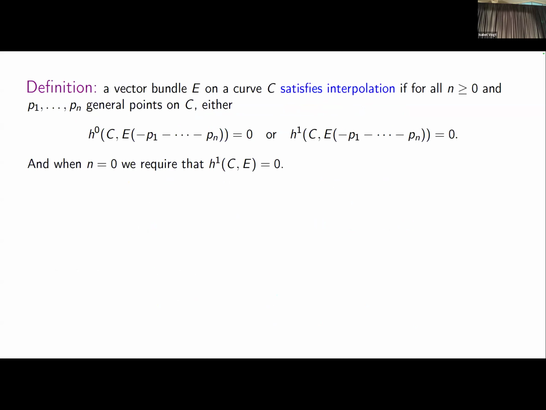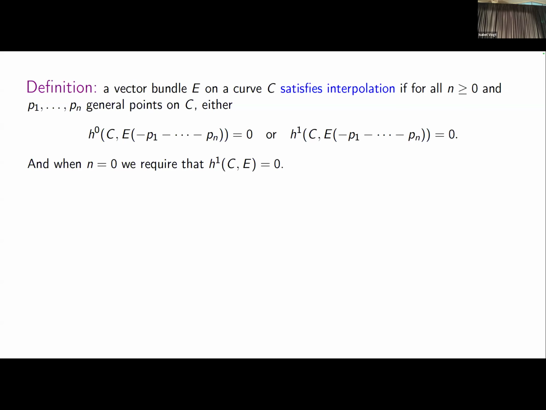All right, so hopefully the following definition will seem well motivated to you given that context. We say that a vector bundle on a curve satisfies interpolation if for all integers n greater than or equal to 0 and n general points on my curve, if I take my bundle and twist it down by those points, I have at most one non-zero cohomology.